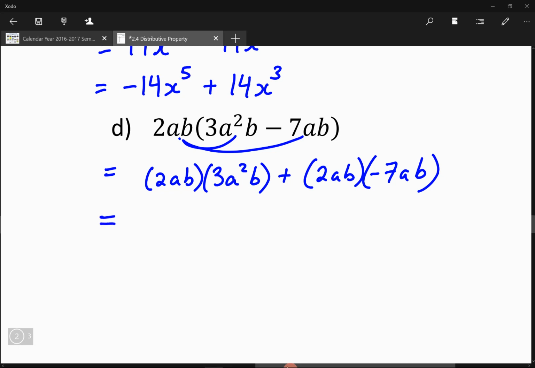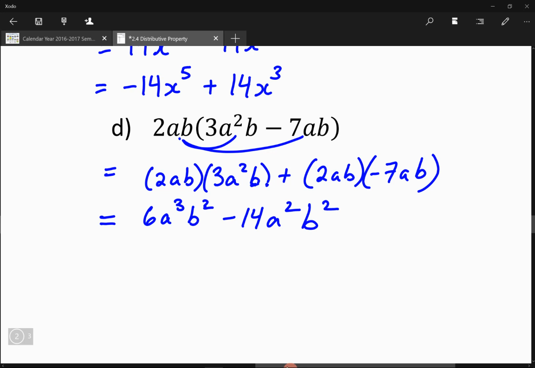When I expand, 2 times 3 is 6, a times a squared is a cubed, b times b is b squared, plus. Now at this point, if you choose to just simplify your work a little bit, skipping a couple of steps, that's fine. If I do 2 times negative 7, I get minus 14. A times a is a squared, and b times b is b squared. And there you go.